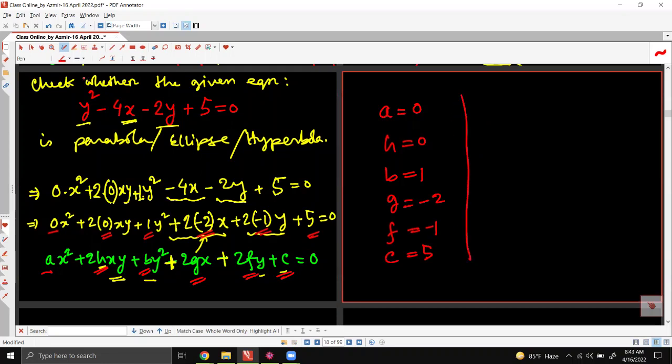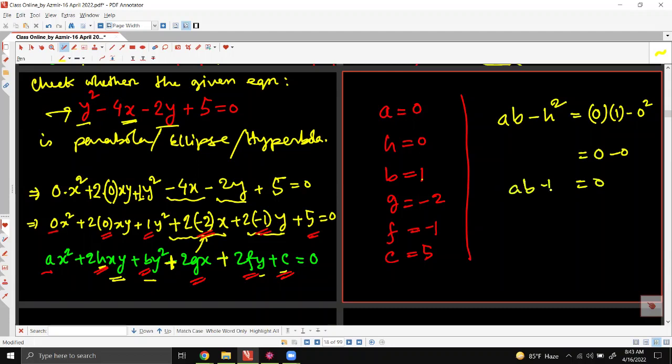So to understand the type of this given equation, we know that we have ab minus h squared. So let us try to calculate this one. a is 0, b is 1, h is also 0. So ab minus h squared, that means 0 minus 0, that is 0.